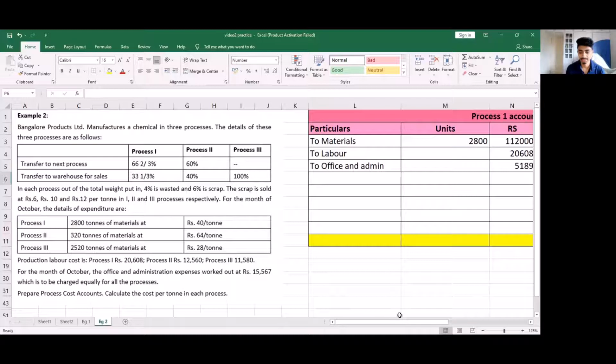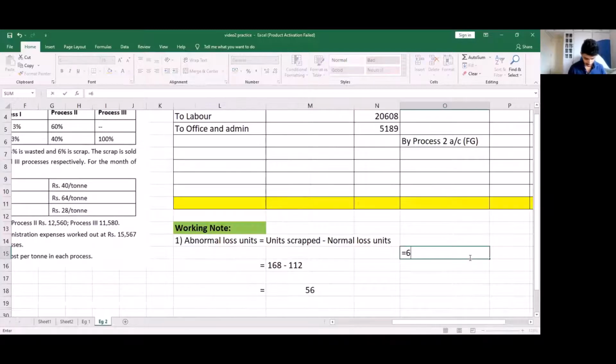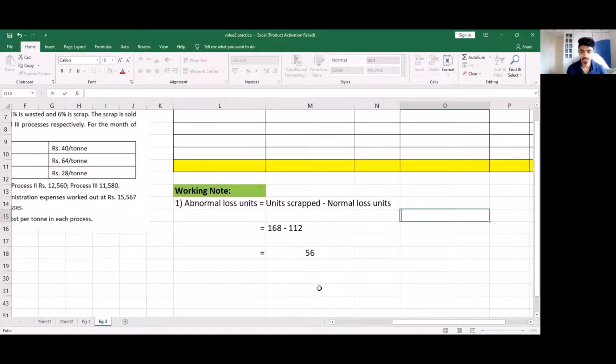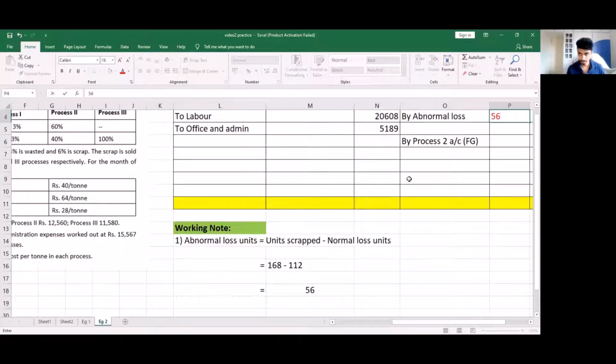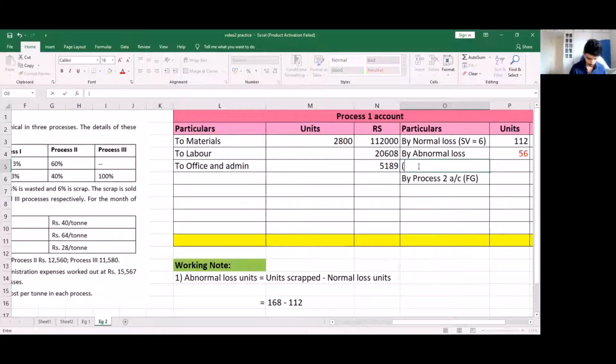So let's calculate 6% of 2,800. It gives us 168. And we have already calculated 4% of 2,800, which is 112. So the difference gives us 56. So now this is our units for abnormal loss. So we have by abnormal loss 56 units. So below, I'm also going to mention the formula.